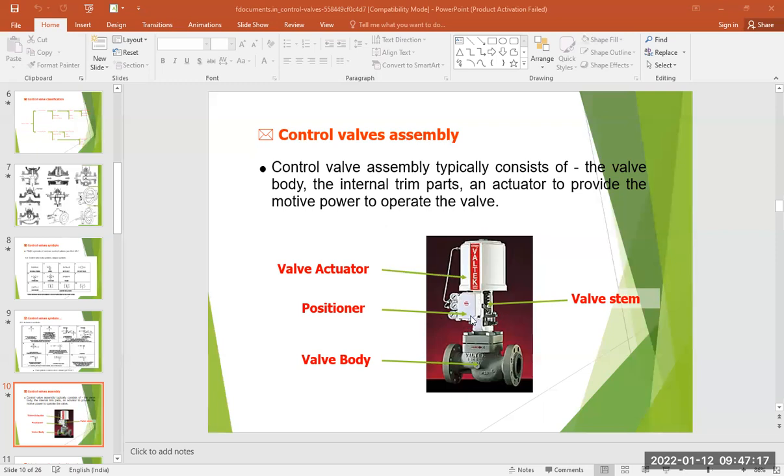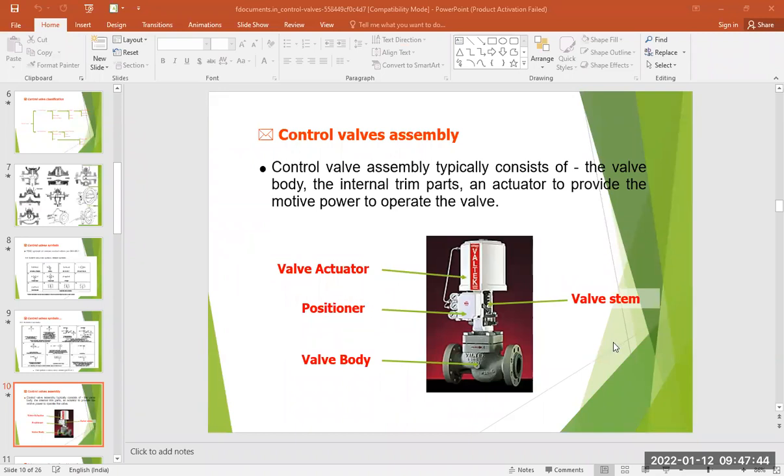This positioner system is connected between the actuator and the valve stem, as well as the valve body.